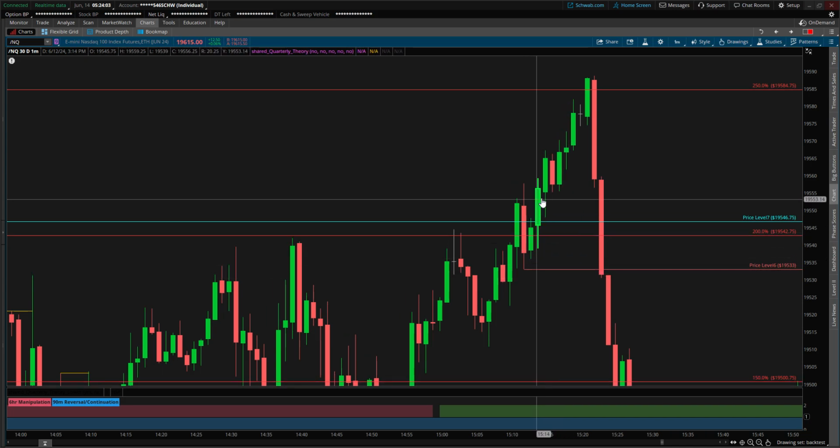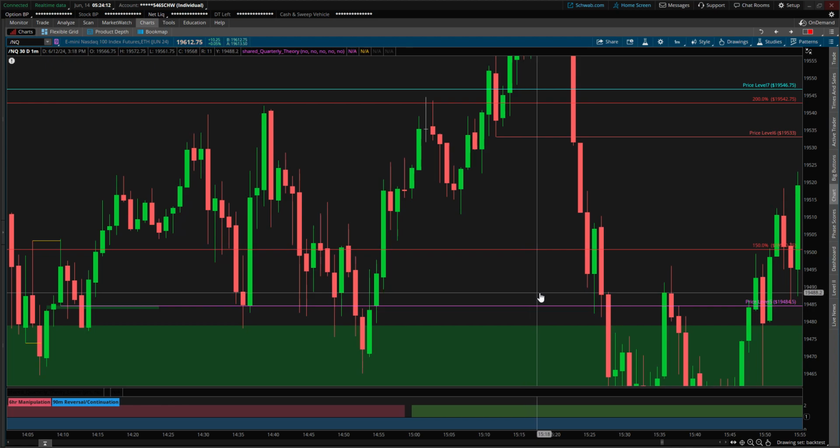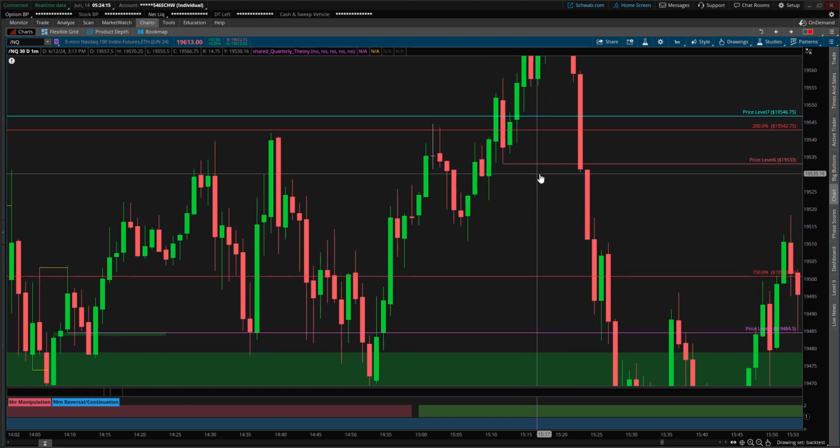And the reason for that was if for whatever reason we do reverse and come back down, I still want to secure some points, especially with our entry being at 19,484, having our stop at 19,533. We're still securing 50 points, which is really good, especially with the conditions we've been having these past couple of days, past weeks.